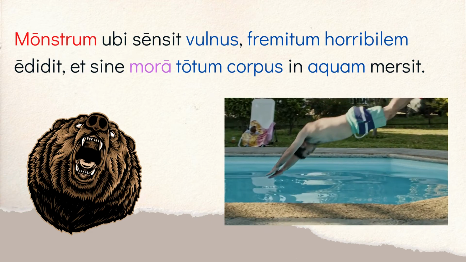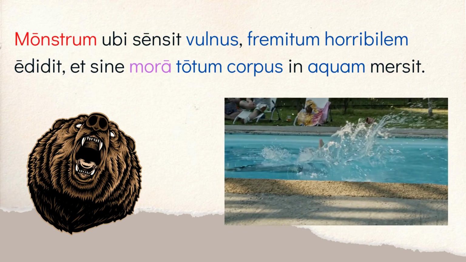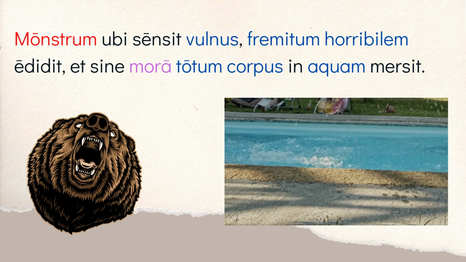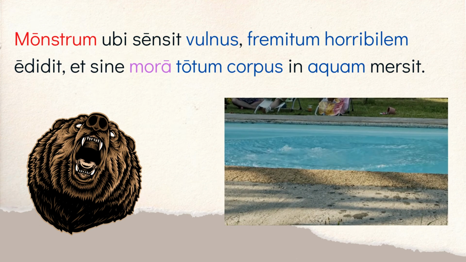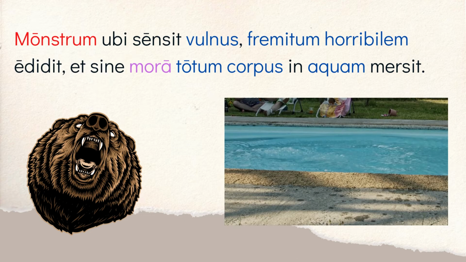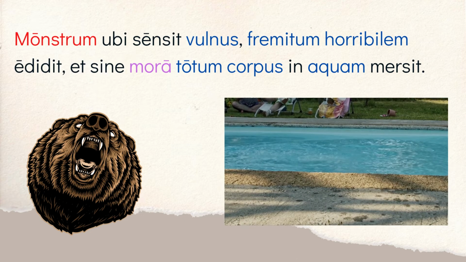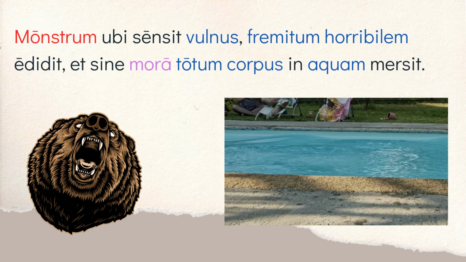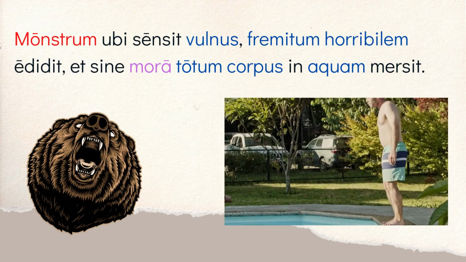In the middle of those compound verbs, oftentimes the A becomes an I, which is why it's spelled E-D-I-D-I-T. But either way, it means to let out, or pour forth, or give out. So it gave out this fremitum horribilem, this horrible shout, or noise, or roar might be the best way to translate it. It gave out this horrible roar because it just got wounded in the neck.